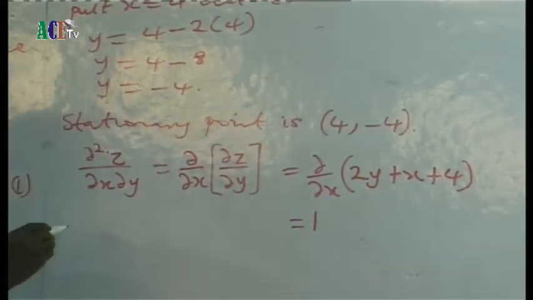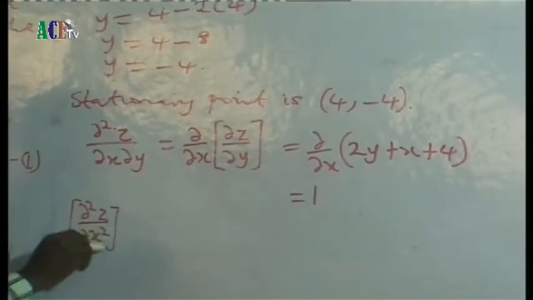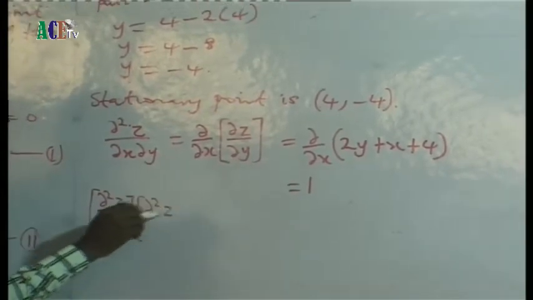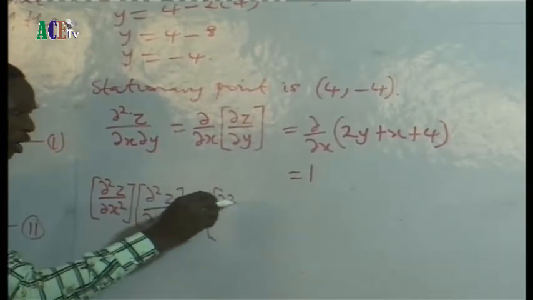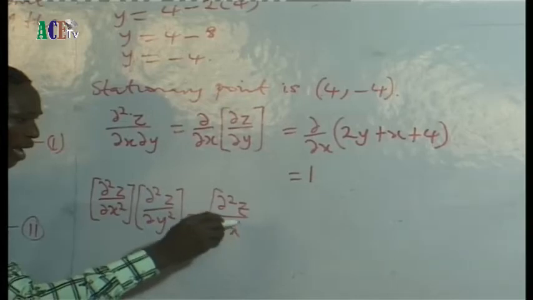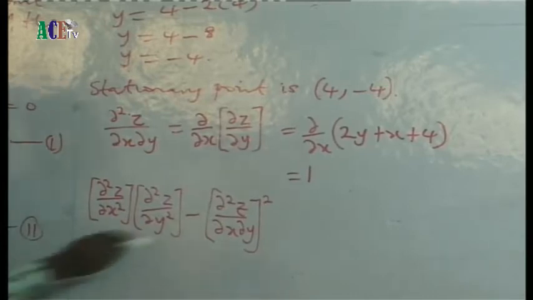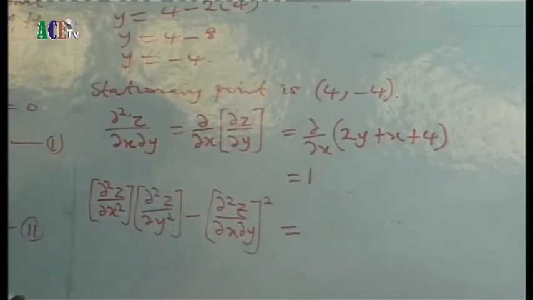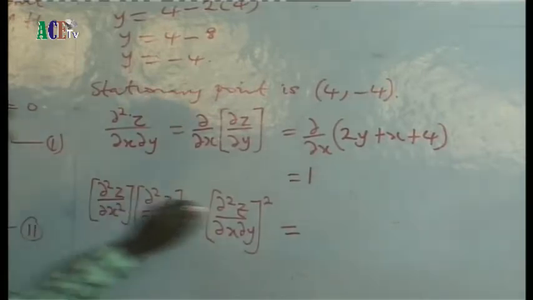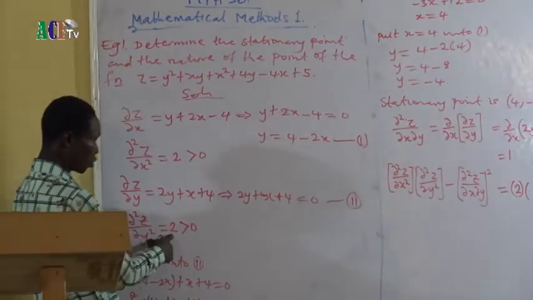Now let me come to d squared z by dx squared, multiplied by d squared z by dy squared, minus d squared z by dx dy, everything squared. d squared z by dx squared is 2. d squared z by dy squared is 2.